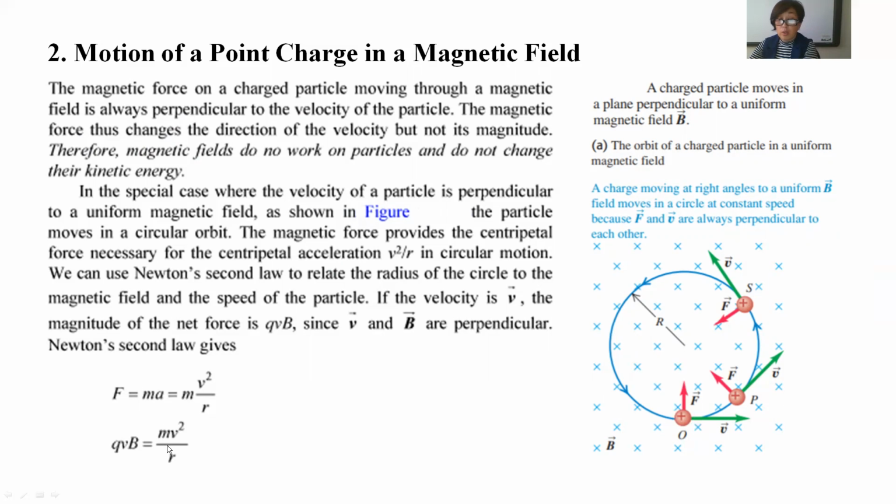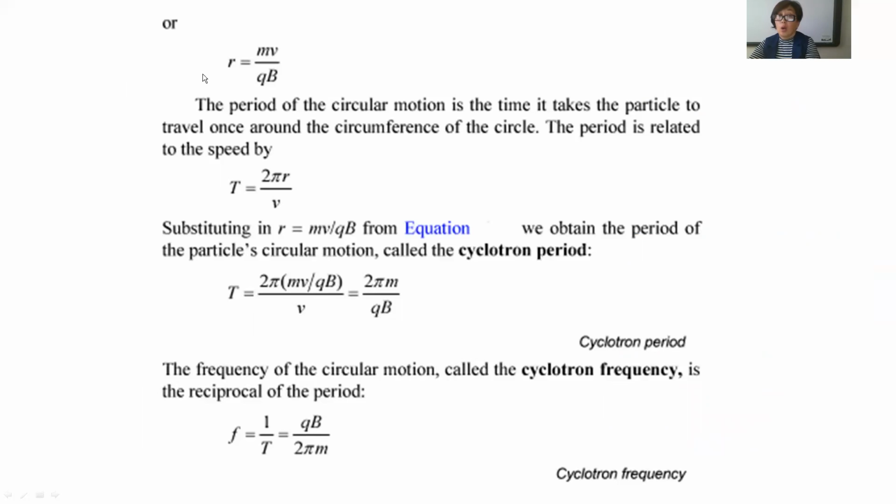The Lorentz force equals Newton's second law. Here we find the radius of the orbit, r equals mv divided by qB, where m is the mass of the particle, v is the speed, B is the magnetic field and q is the electric charge. We find the period because the electric charge moves on a circle.